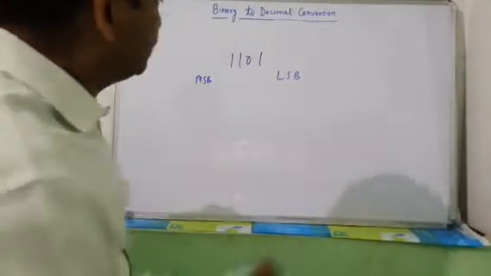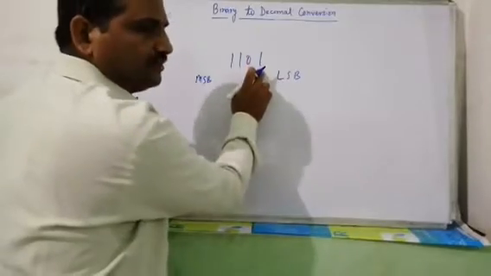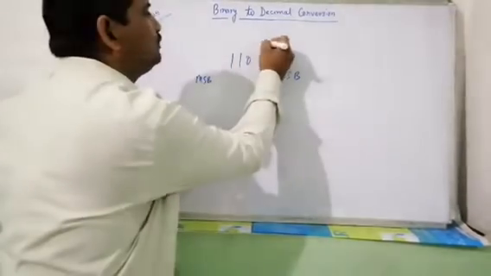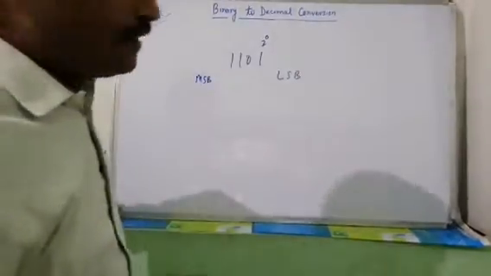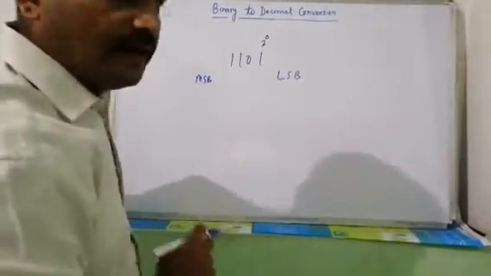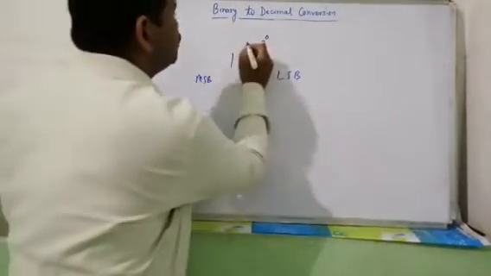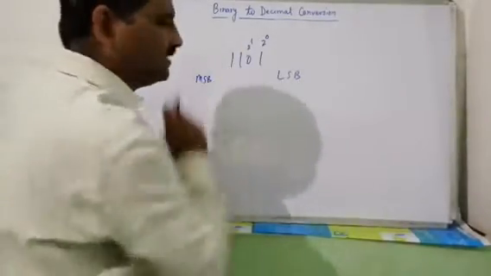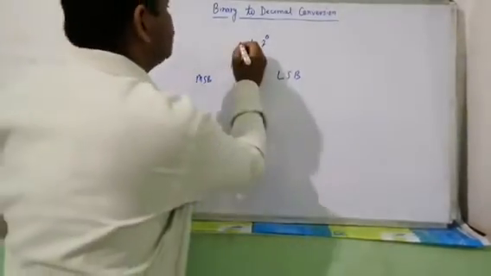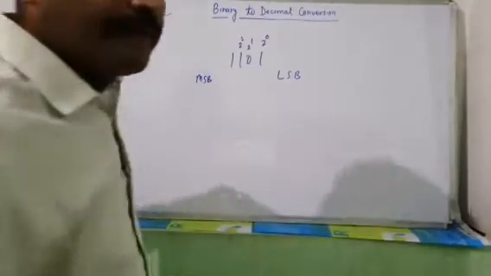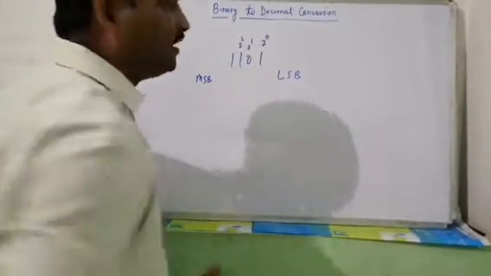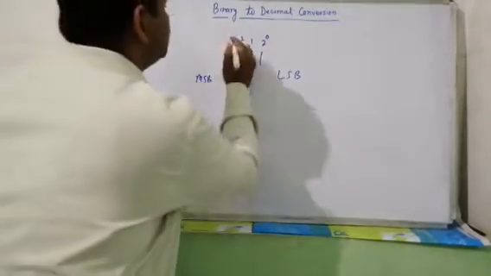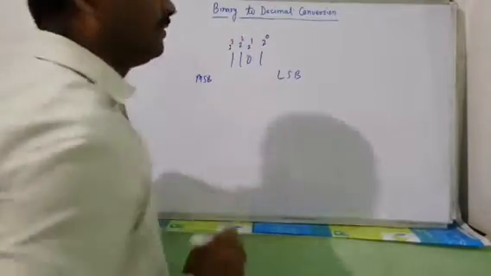The weight of this position is 2 to the power 0. The weight of this digit is 2 to the power 1. The weight of this digit is 2 to the power 2. The weight of this digit is 2 to the power 3.